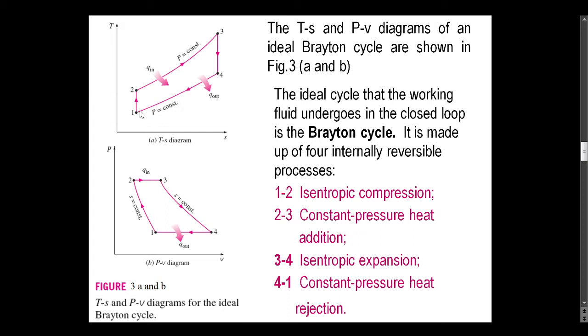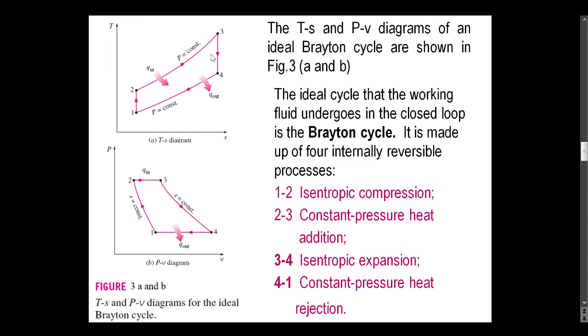The 1 to 2 process is the isentropic compression. Isentropic means reversible adiabatic, so there is no heat exchange between the gases and the surroundings.